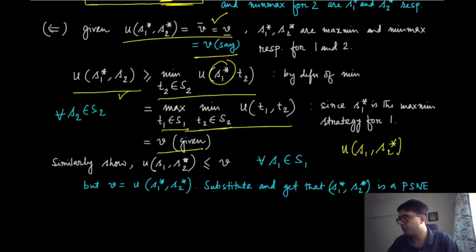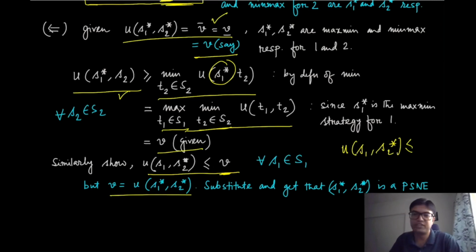Because now we are going to use the other direction, we are going to show that this is less than or equal to the max with respect to the first quantity here, and you use the same fact that because S2 star is the min-max strategy, you can use the same argument to show that this is min-max, and because that min-max is also equal to V, the right hand side becomes V. So you can show that this is also less than or equal to V. But now we also know that this V is equal to U of S1 star comma S2 star. That is given in the very beginning.